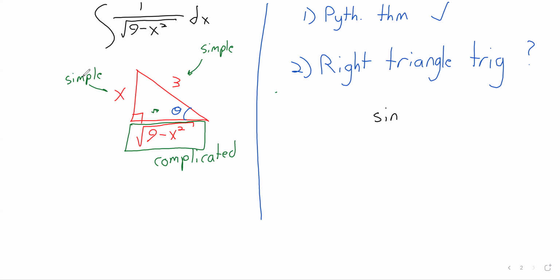There are two ways we could do this, but presumably we're more comfortable with the sine than we are with the cosecant. So the sine of theta equals x divided by 3.